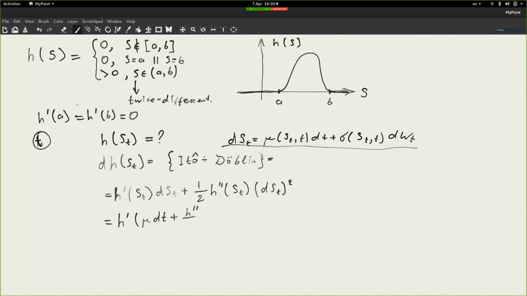And dST squared is obviously, you remember we square up this expression for dST, dropping all terms of the order higher than dt, and the only term which is retained in this case is sigma squared times dt.